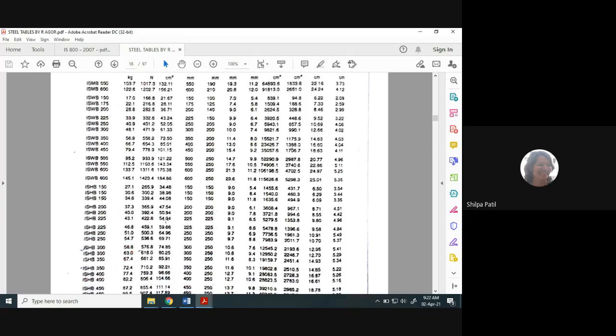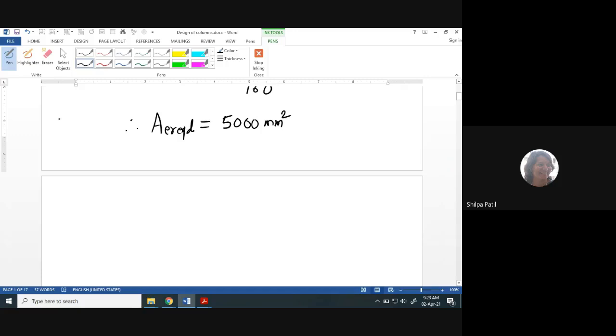Okay, so let us now use ISHB 225, 46.8, the weight. So I will write this down. Select ISHB 225 at 46.8 kg per meter.